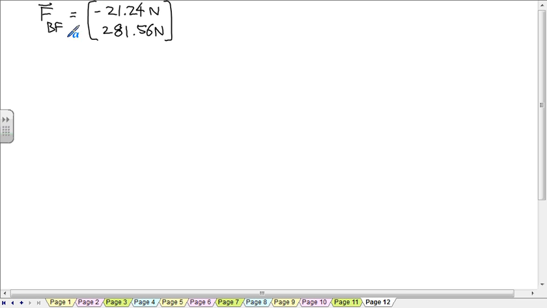But we didn't want the force on the box by the floor. We wanted the force on the floor by the box. So Newton's third law says the force on the floor by the box is equal to positive 21.24, negative 281.56.